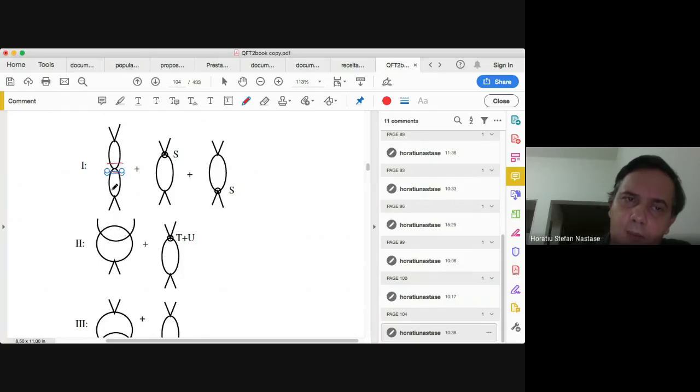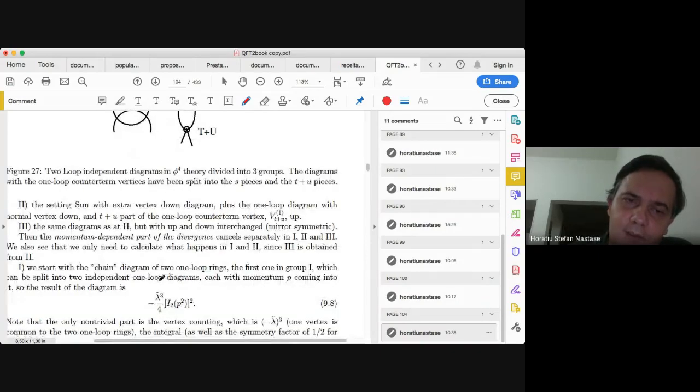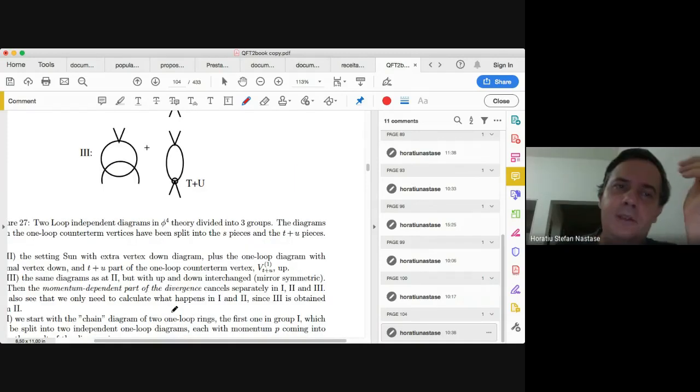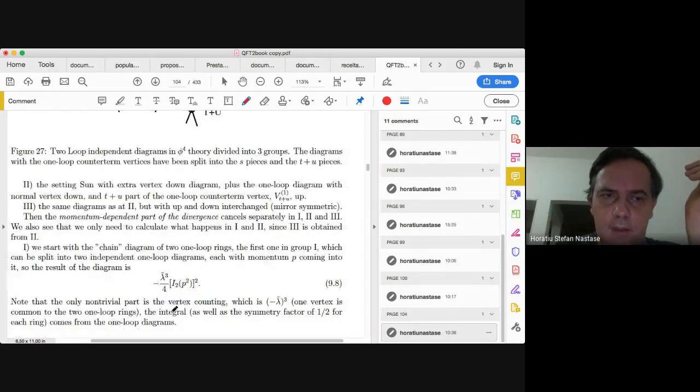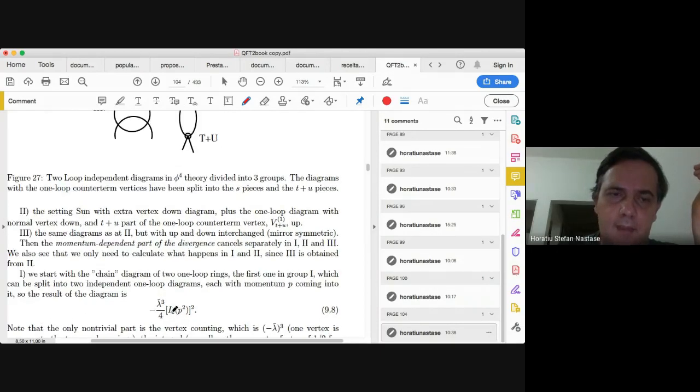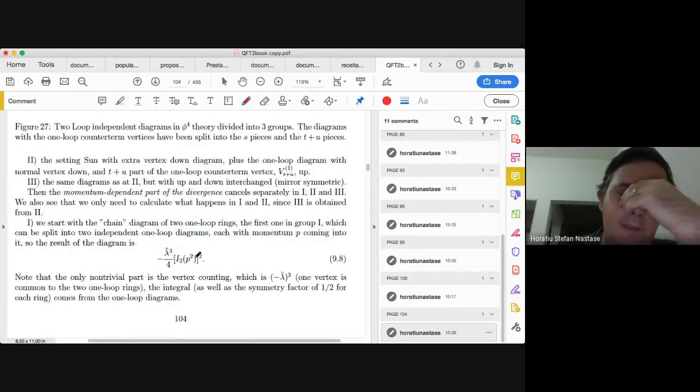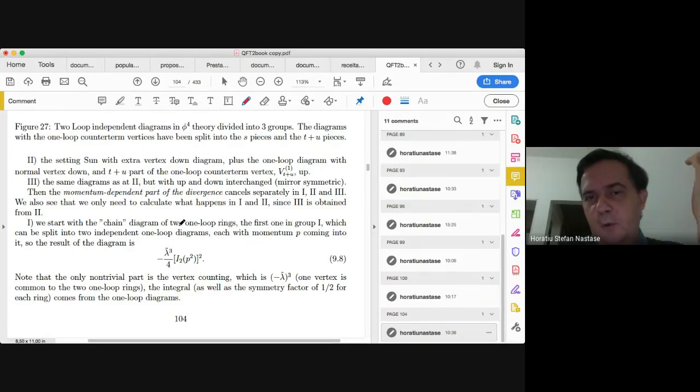So there's 1, 2, 3, right? So there's lambda tilde squared cubed. And the 1 over 4 is also because this is I2 over 2, 2 being the one loop symmetry factor, which is still preserved. Yeah, and the minus is because actually the vertex is minus lambda tilde. So it's minus lambda tilde cubed, as opposed to before where it was minus lambda tilde squared.